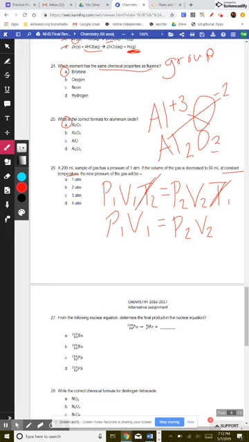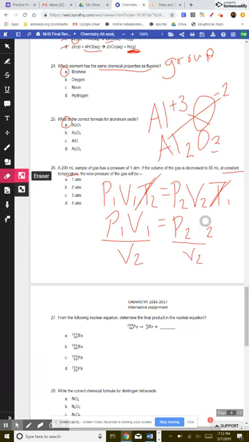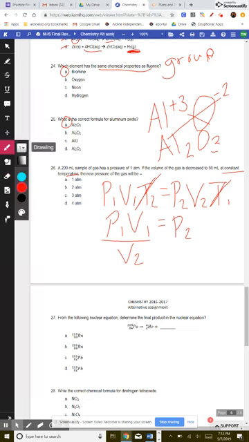Okay, I'm solving for the new pressure, which means I'm solving for P2. So I can move V2 to the other side. And I'm going to erase. And that's my formula. Okay, so my P1 is 1 atmosphere, it says.